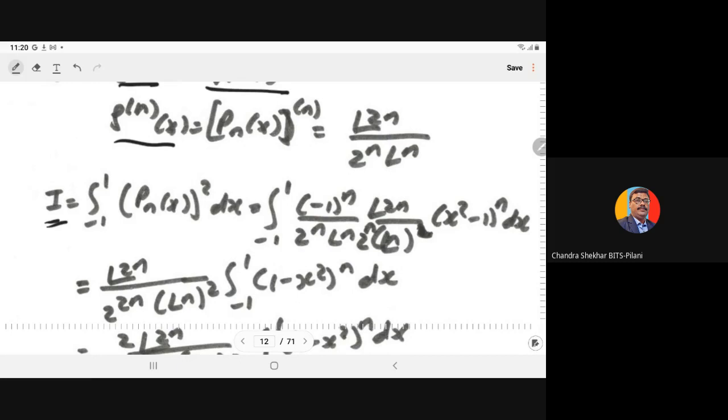So here, if you take all these things outside, we have the factorial 2n upon 2 to power 2n factorial n whole square, and the integral of minus 1 to 1 of 1 minus x square power n will remain. Clear?